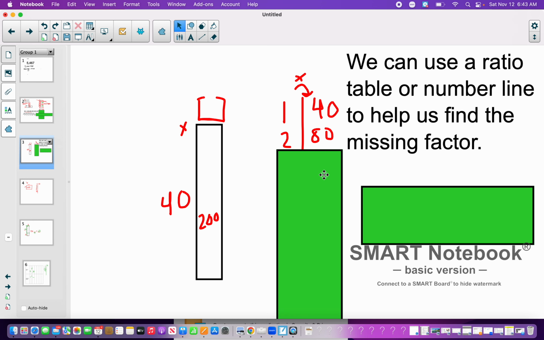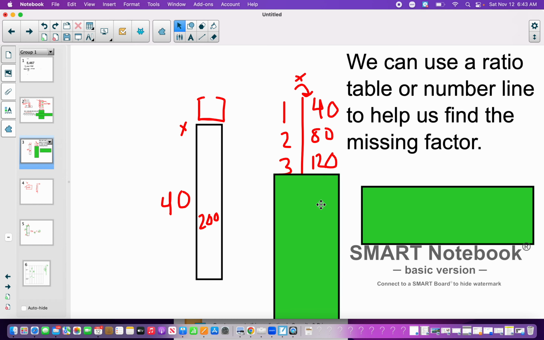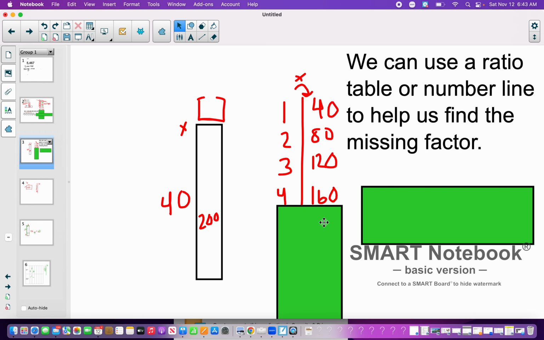Now what if I have 2 boxes? Each have 40. So that's 40 plus 40. 3 boxes, it's 40 plus 40 plus 40. 4 boxes, 160. I'm getting close to the product. What am I going to produce? If I have 4 boxes, each containing 40, I have 160.